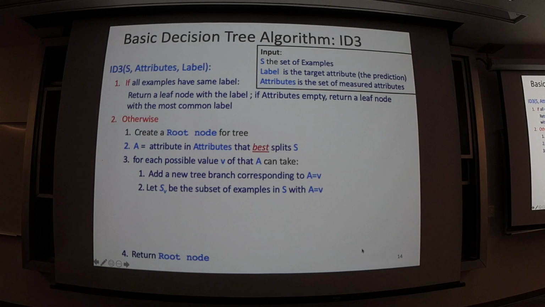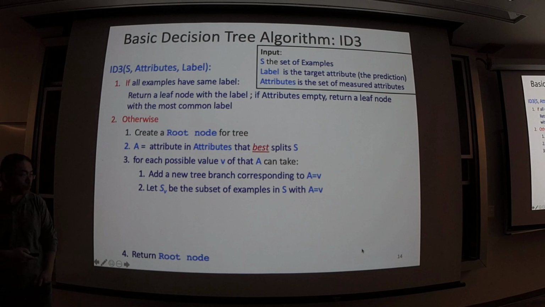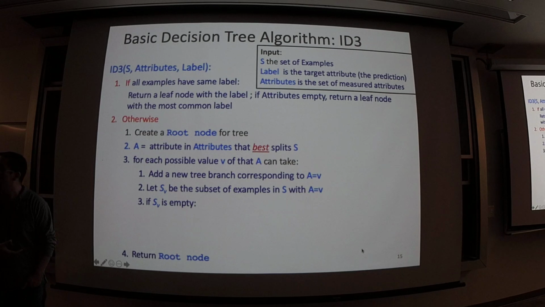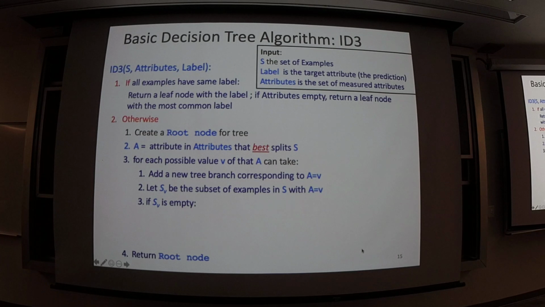So now let us look at SV. What if SV is empty? Namely, in the current set of examples S, no examples have attribute A taking value V. What should we do? Could you just continue the loop and move on to the next value that A can take?